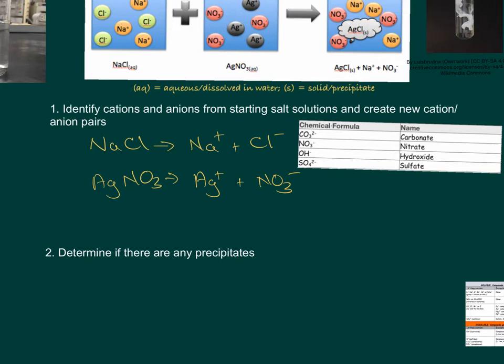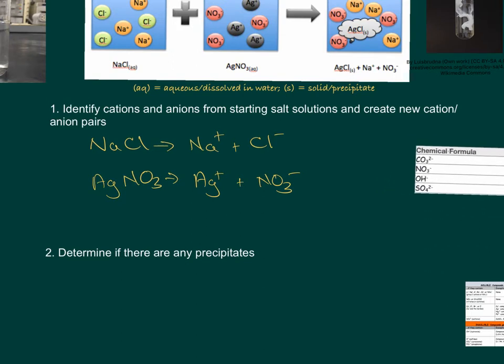So now we want to identify the new cation and anion pairs that could form. We would combine the silver with the chloride, and we'll combine the sodium with the nitrate, and what we will get is silver chloride and sodium nitrate.